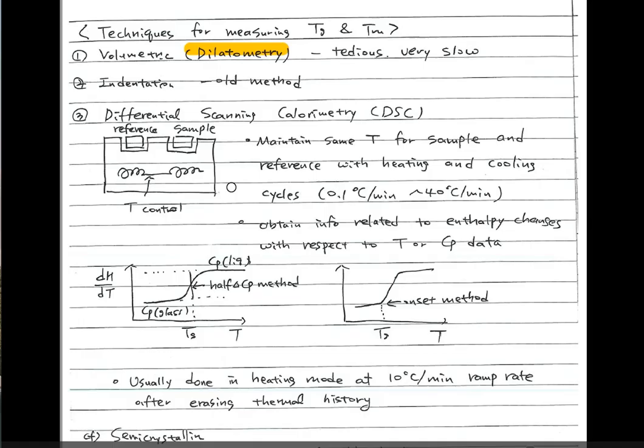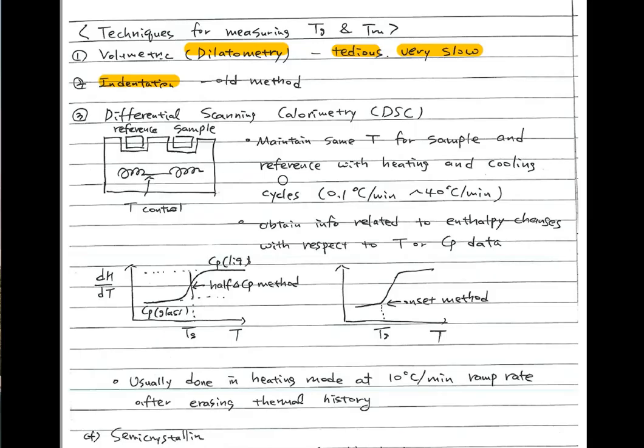Maybe Doolittle used this dilatometric method to measure the free volume changes as a function of temperature. Since this is a very old technique, it's very tedious and takes a long time. Another old method is indentation.